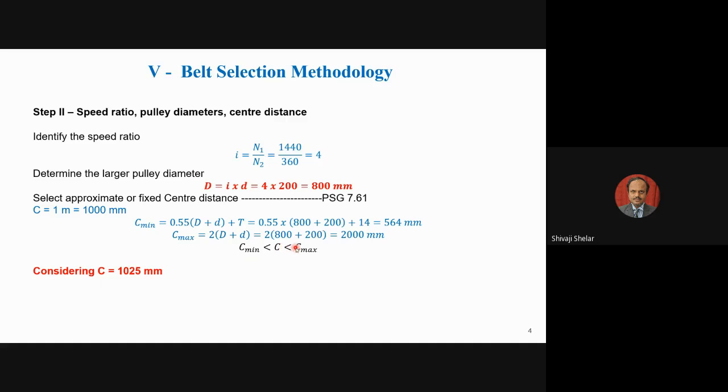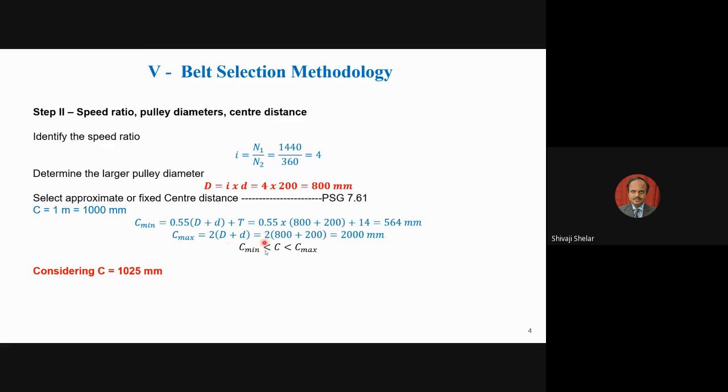If your C value is greater than C max, then the weight of the belt will cause a large amount of centrifugal force and a large amount of sagging length, which will cause additional centrifugal tension or centrifugal stresses in the belt, and that may decrease the power transmitting capacity of the belt.